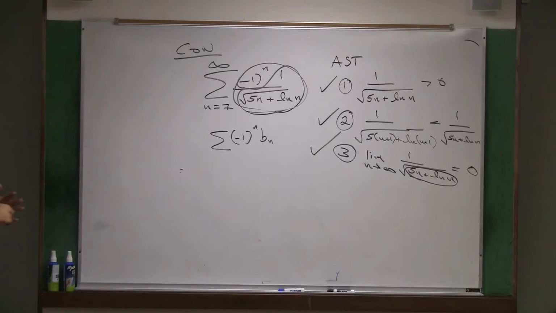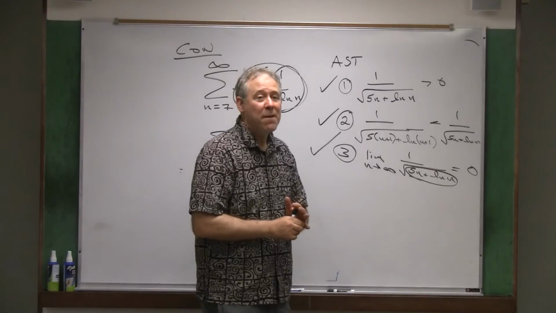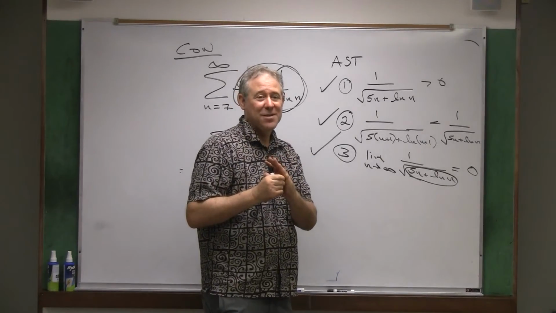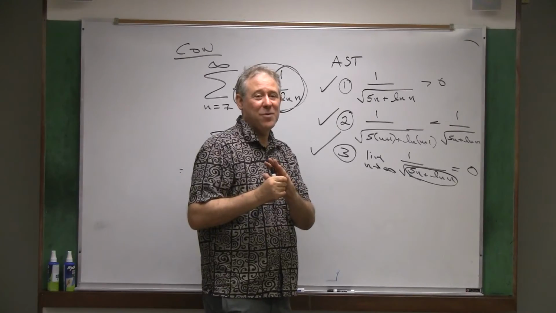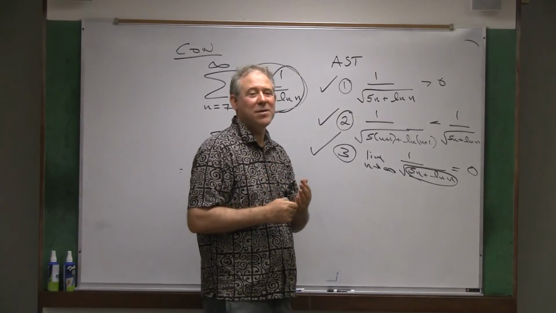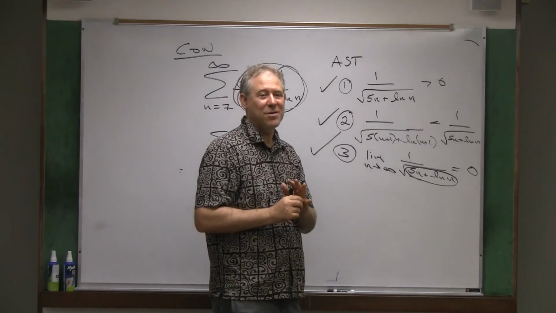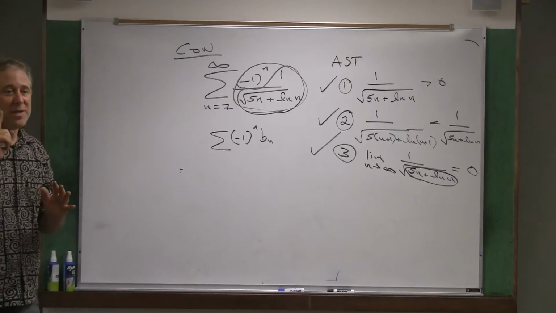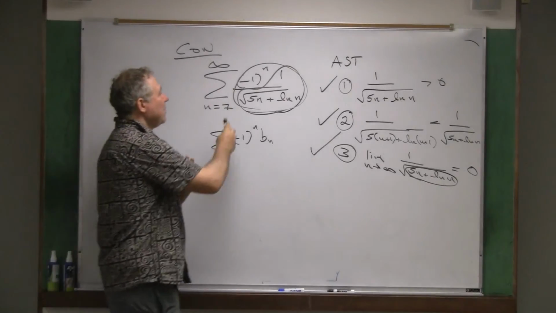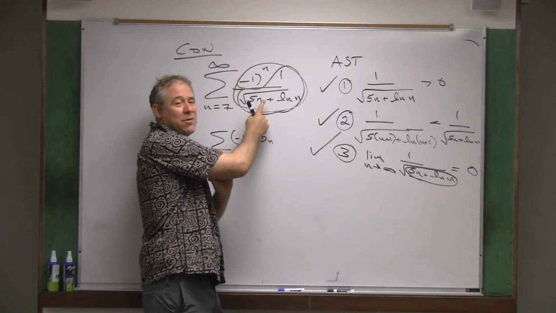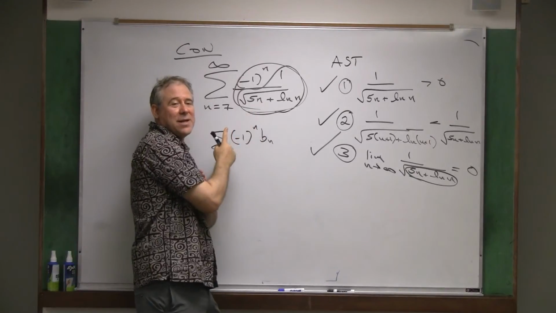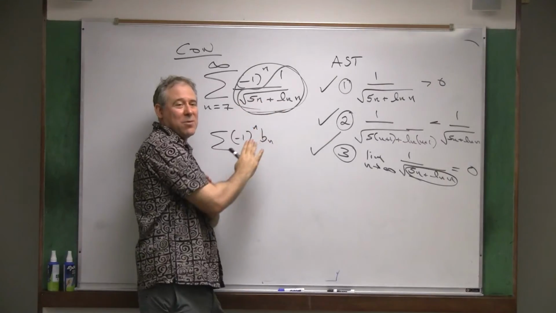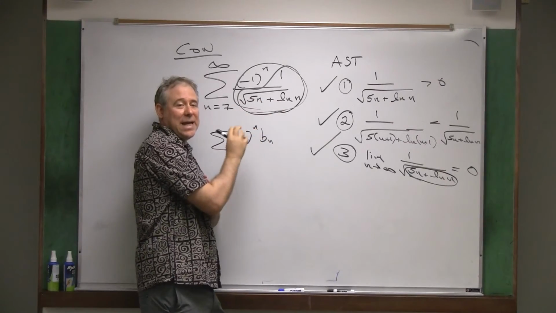It depends, for example, if you ran a divergence test first. The divergence test: if this doesn't go to zero, then you get information that it diverged. But if it went to zero, you wouldn't get any information.